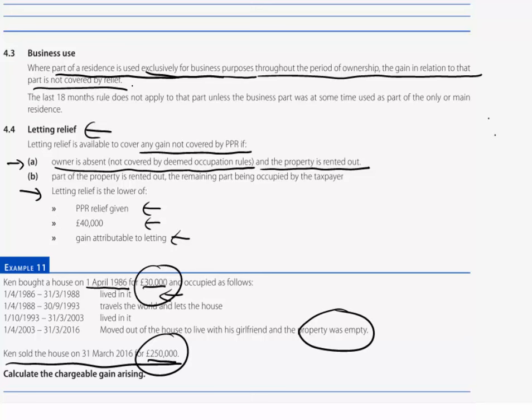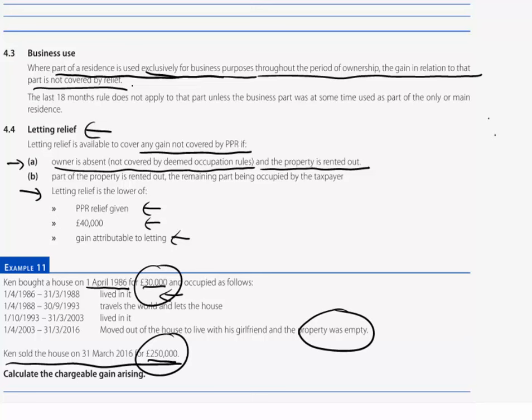So if therefore you had a gain on the disposal of your PPR of £100,000 and throughout the period of ownership you had 10% of that property given over exclusively for business use, you've got an office effectively within that property, it is only used for business purposes, that is it, then on that basis 10% of that £100,000 gain would not be covered by the PPR relief and would be chargeable.